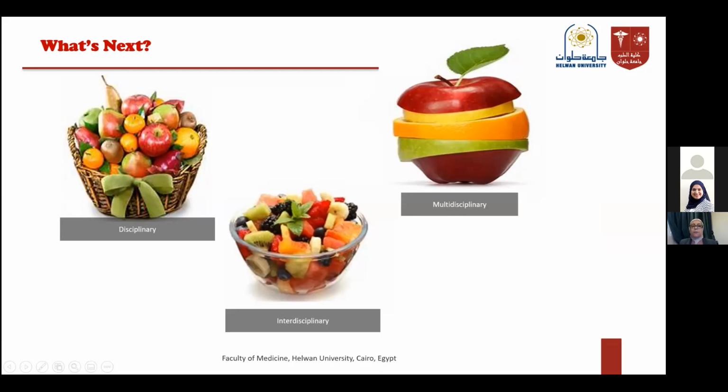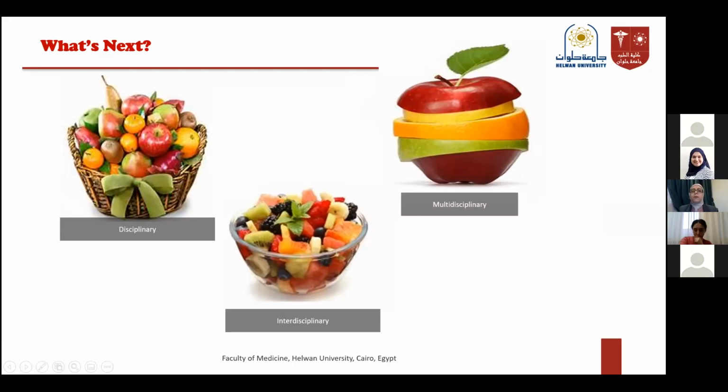So I have this disciplinary research where every discipline is totally separate. I have the multidisciplinary where we can share a research project, but still our disciplines are separable. And then we go to the interdisciplinary research which gives us a more usable product.